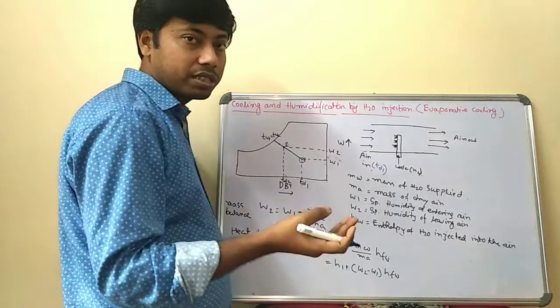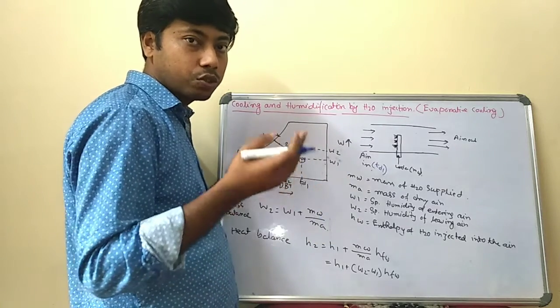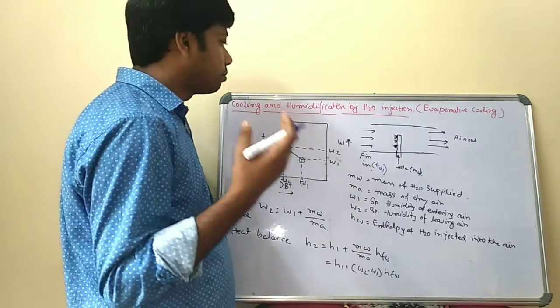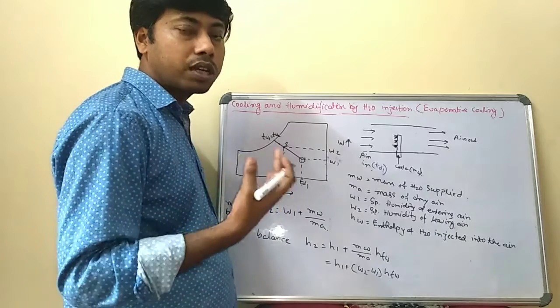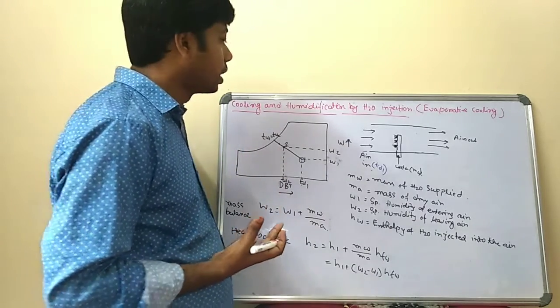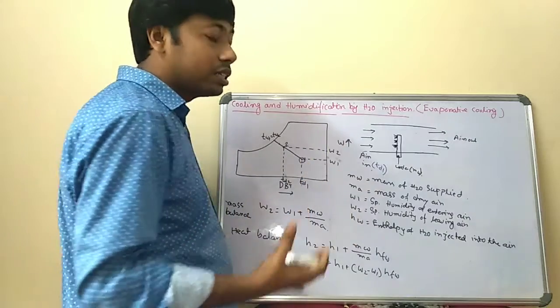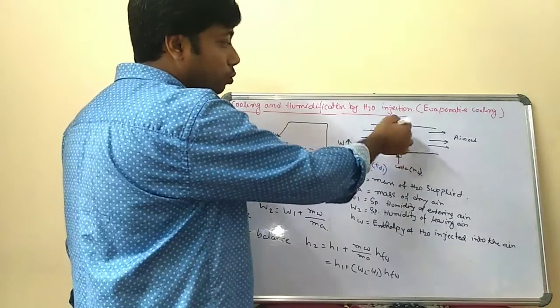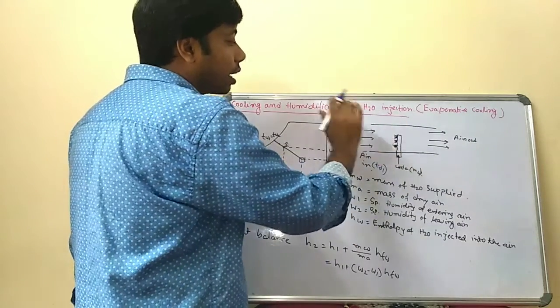As you know, cooling means the temperature of the air should be cooled, and humidification means the amount of water vapor should be added so that the air is humidified. It is done by water injection. There are spray nozzles through which the water is injected into the air.